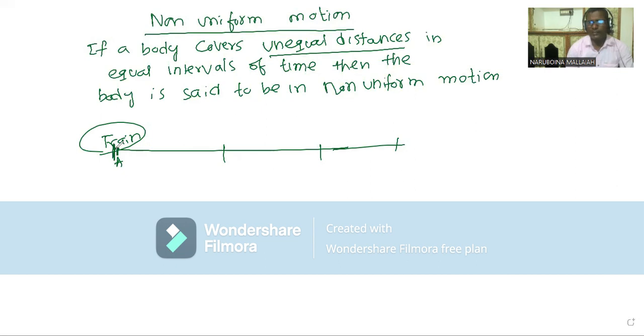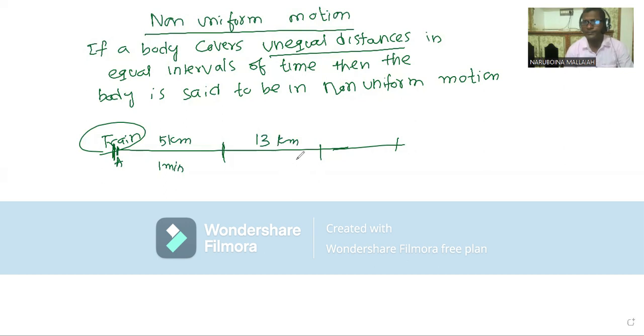So initially it covers a smaller distance. Say in the first minute it covers only 5 kilometers, because it starts from rest. That's why it moves slowly in the beginning. After this first minute, in the second minute, it covers, say, 13 kilometers.